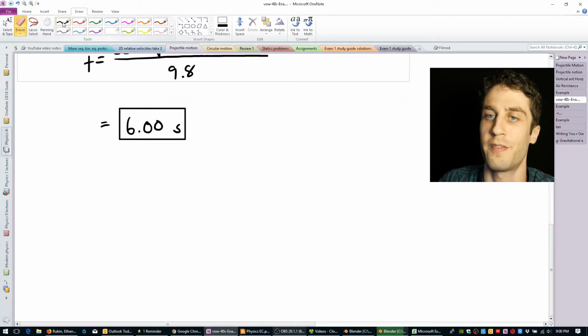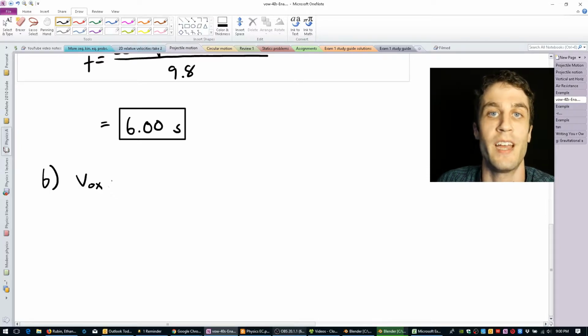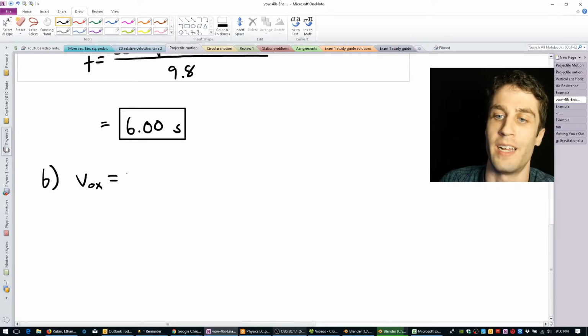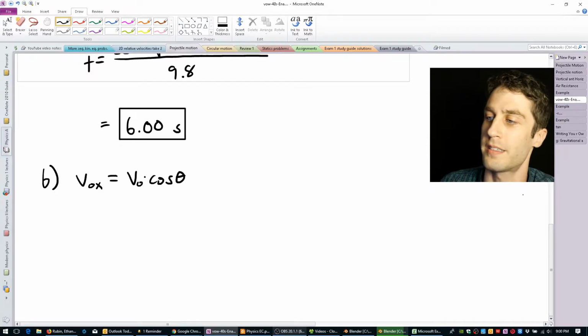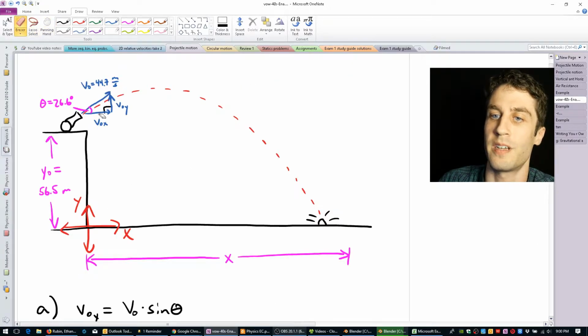Part B asked how far it will travel. The first step for that is going to be finding the x component of its velocity. Now I could write it as vx, but I'm going to write it as v naught x. V naught x is equal to v naught times cosine of theta. Let's convince ourselves of that. Here's the horizontal component.